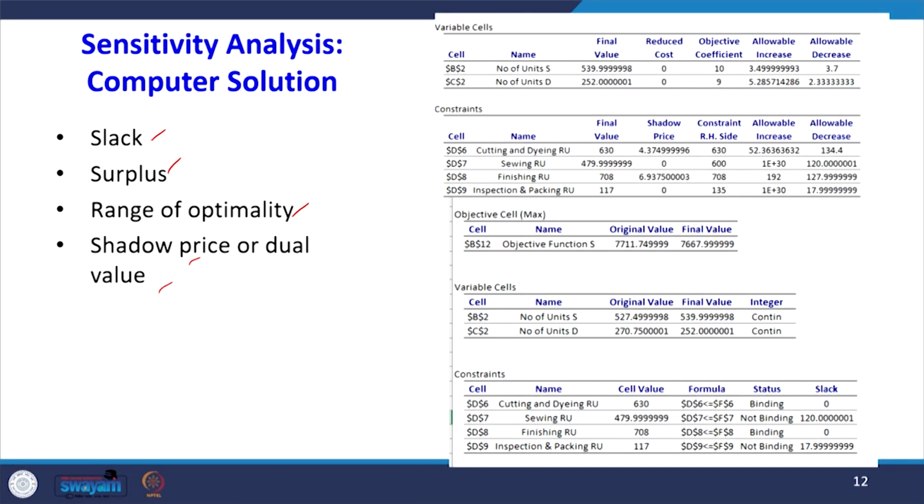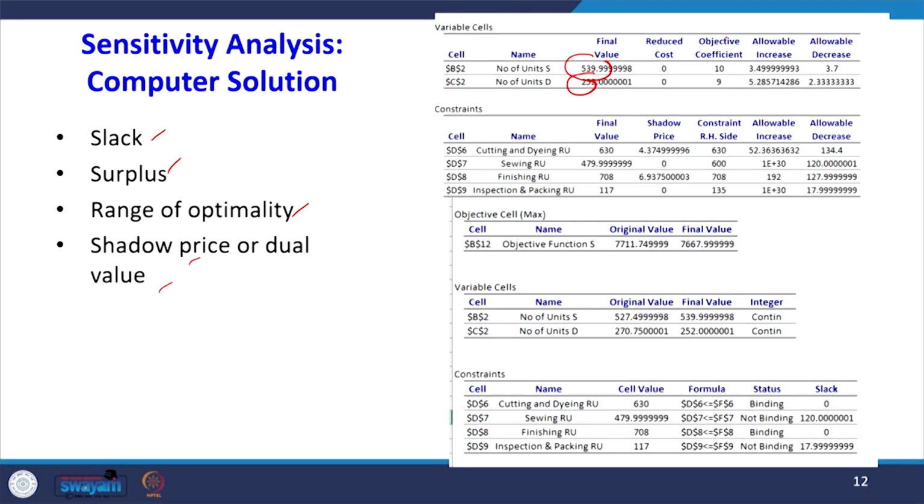Now, from this we can see the value of S is 540, value of D is 252. Now, you see that there is an allowable increase. So, from 10 it can be increased by 3.4, that is 13.4, allowable decrease 3.7. Similarly, for our second decision variable, the value of D is 9, it can be increased by 5.2 and it can be decreased by 2.33.